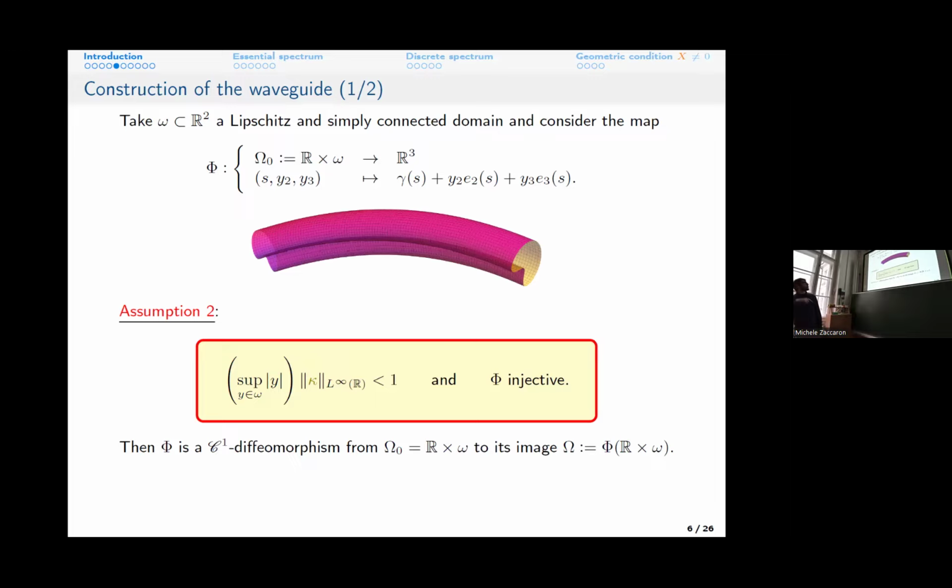So these are the assumptions. The first is a condition, actually: the diameter of the cross-section times the L infinity norm of the curvature must be strictly less than 1. This ensures that the map phi is a local diffeomorphism.